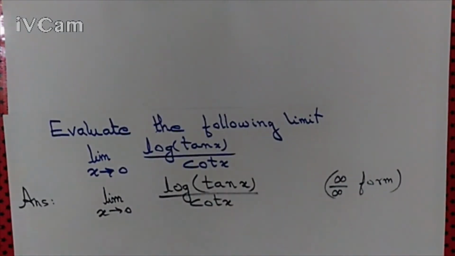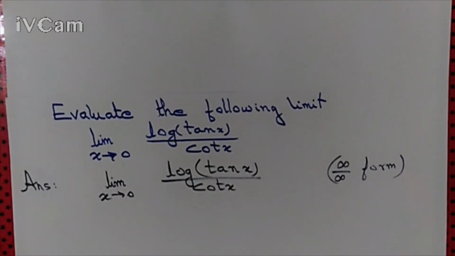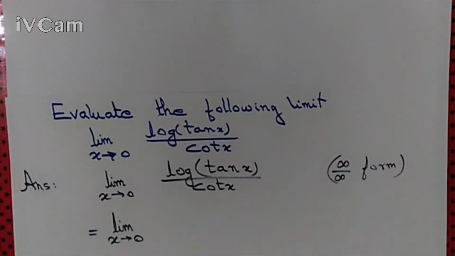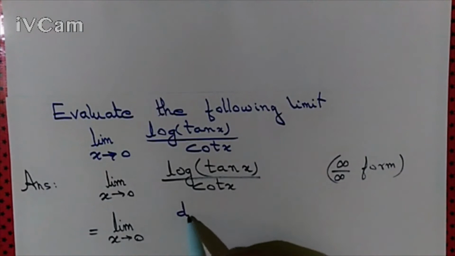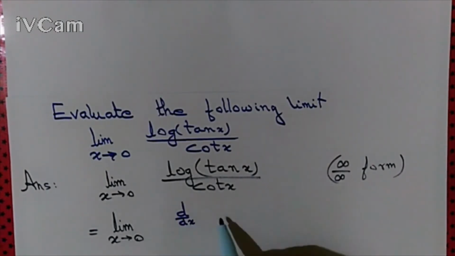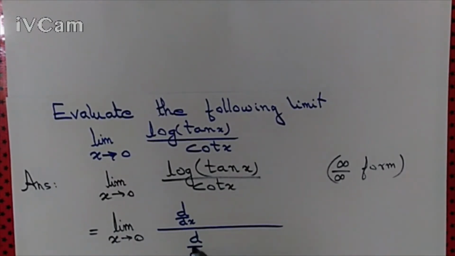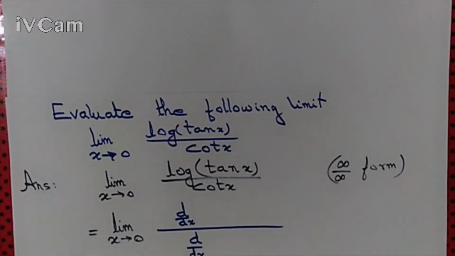So we can differentiate numerator and denominator: equal to limit x tends to 0 of d dx of the numerator divided by d dx of the denominator.